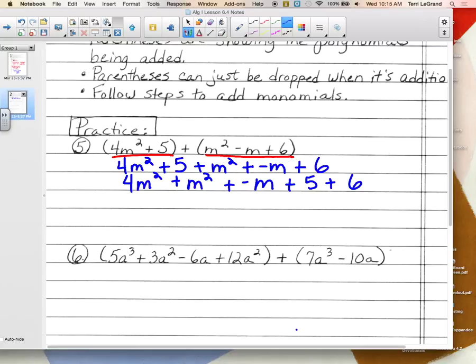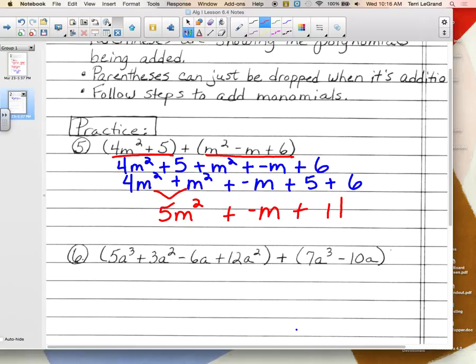So we now can combine our like terms. This group of like terms becomes what? 5m squared. We have 4 of them plus 1 more, that's 5m squareds. Anything for that negative m to be added to? No. So 5 plus 6? 11.